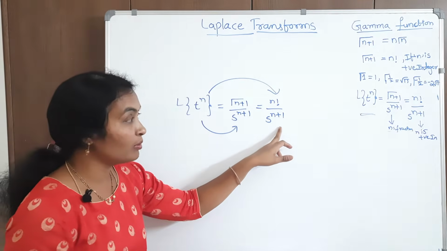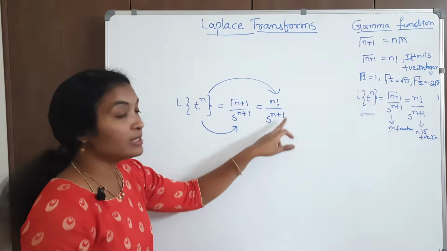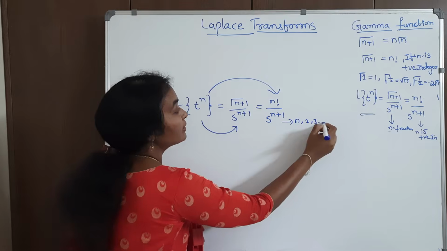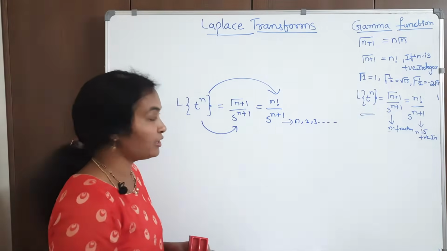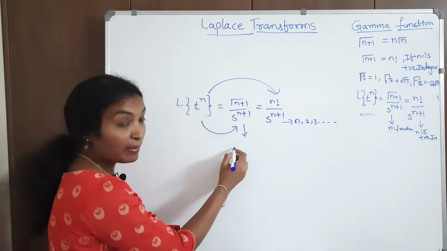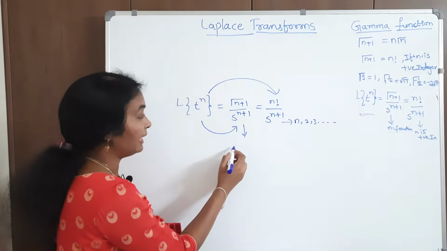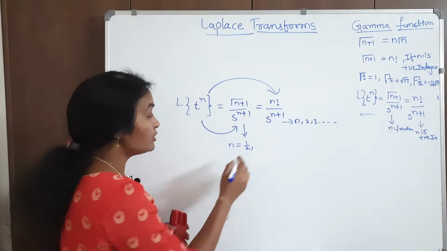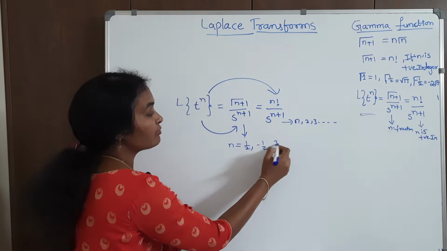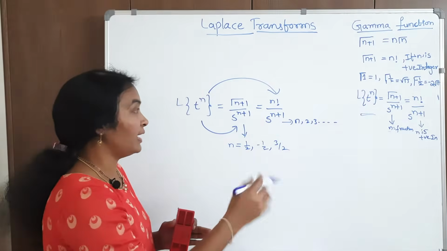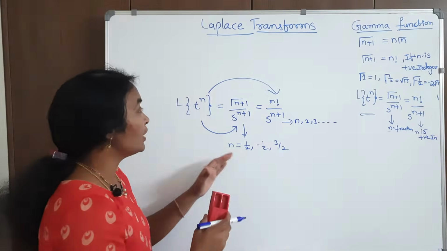When n is only 2 or 3 like that, natural numbers. When do we use the gamma function formula? When n must be in terms of positive or negative fractions like 1 by 2, 3 by 2, 5 by 2, anything. In that case we use this.